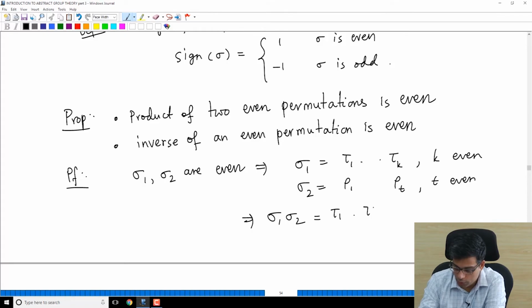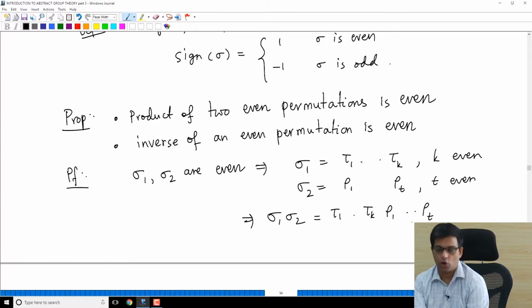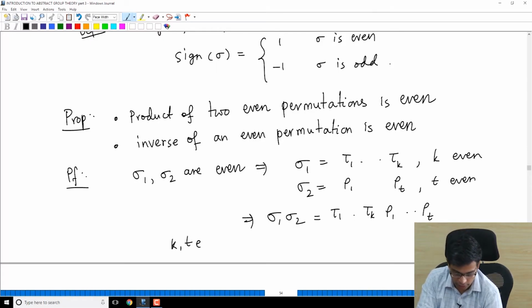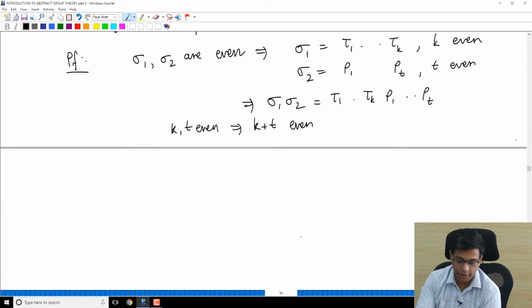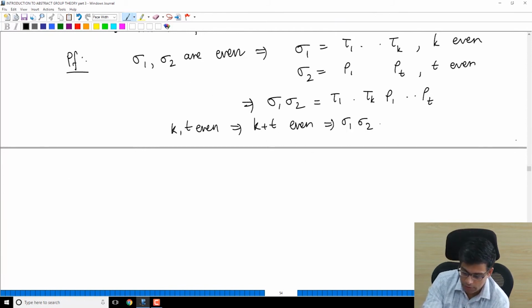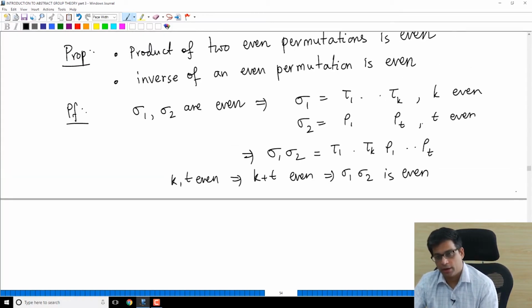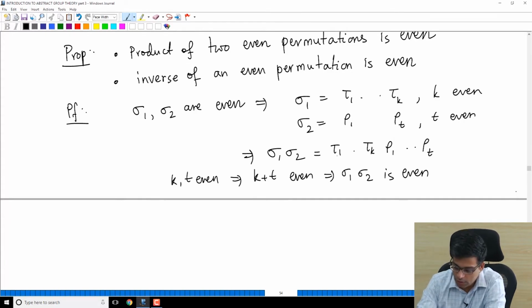This is tau 1 up to tau k, rho 1 up to rho t, right? This is a product of transpositions. So if k and t are even, then k plus t is even, right? That's all we need. This implies sigma 1 sigma 2 is even, because the product decomposition of sigma 1 sigma 2 requires an even number of transpositions.